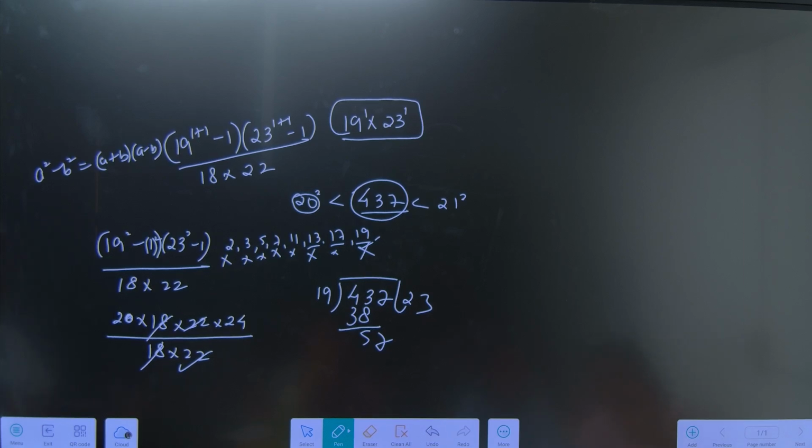So 19 square minus 1 square is 19 plus 1, 19 minus 1. 20, 18, ये 22 into 24. 480.